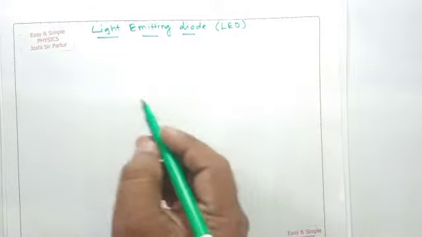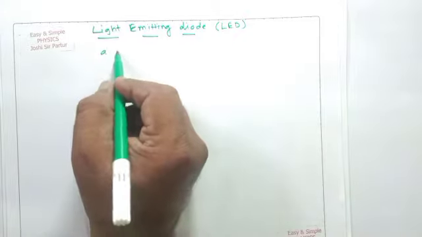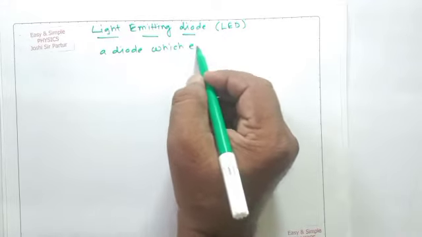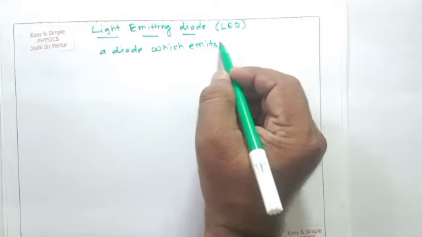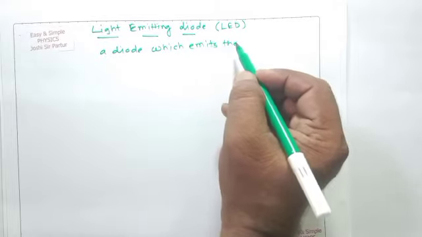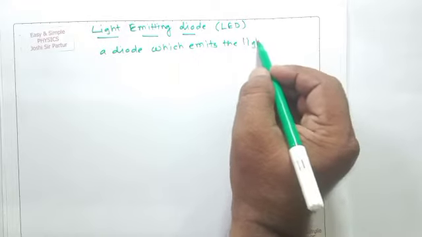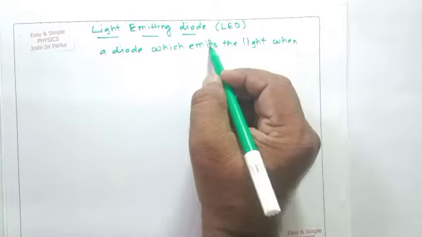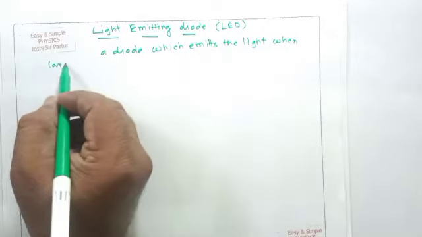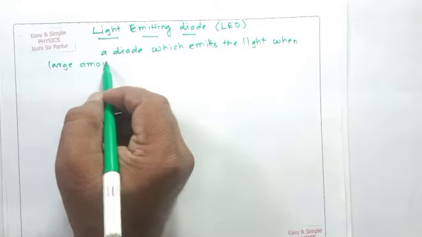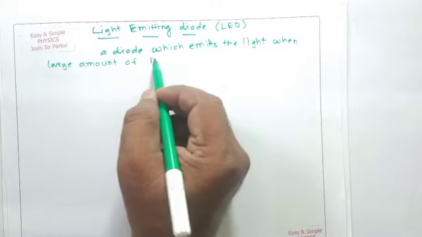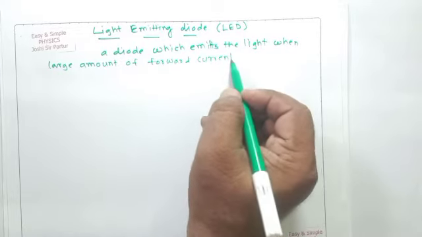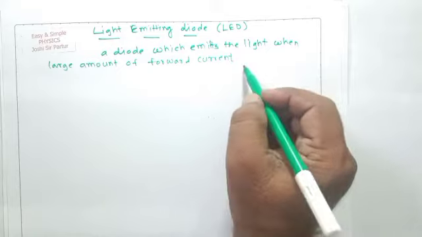It is defined as a diode which emits light when a large amount of forward current passes through it.